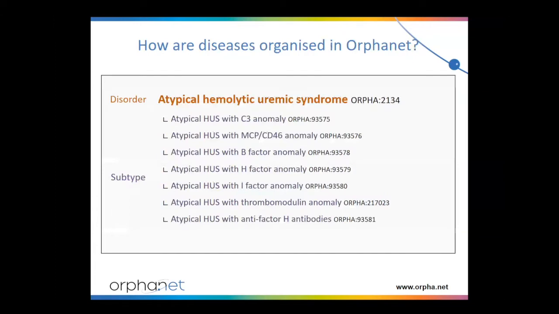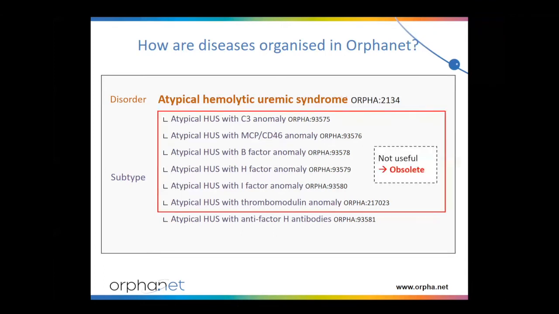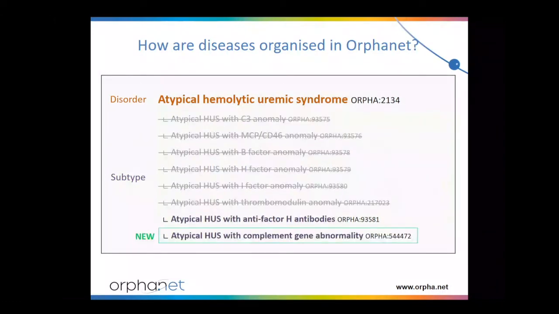If we go back to our example, atypical HUS, this disorder used to have several etiological subtypes, each associated with a gene of the complement system. However, during the collaboration with Orphanet, the experts indicated that these subtypes were not useful and should be obsoleted, and that creating one simply named atypical HUS with complement gene abnormality would be a lot more pertinent and more useful.